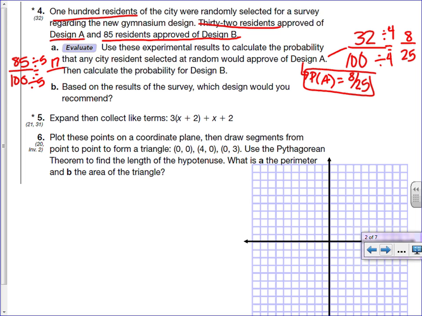And 100 divided by 5 is 20. So the probability of B is 17 out of 20. So based on the results of the survey, which design would you recommend? Well, more people approved of design B out of the 100 than design A, so we would recommend B.